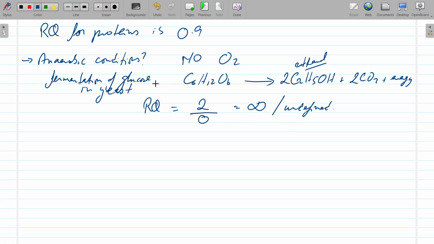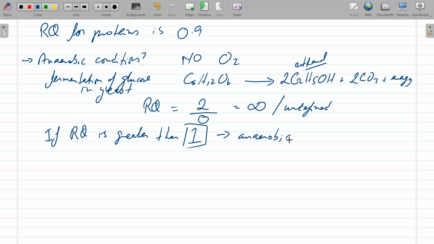Which basically means that, as I mentioned, for aerobic respiration, RQ cannot be greater than 1. If your RQ is greater than 1, that means there is some anaerobic respiration going on. How much depends, but anaerobic respiration is going on.